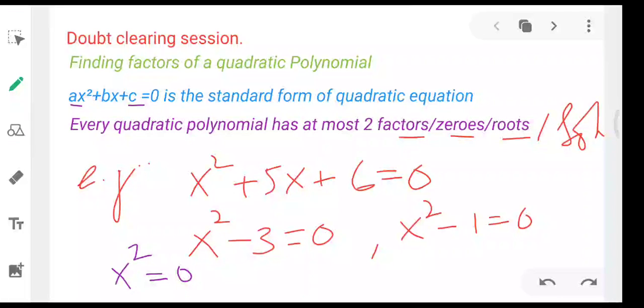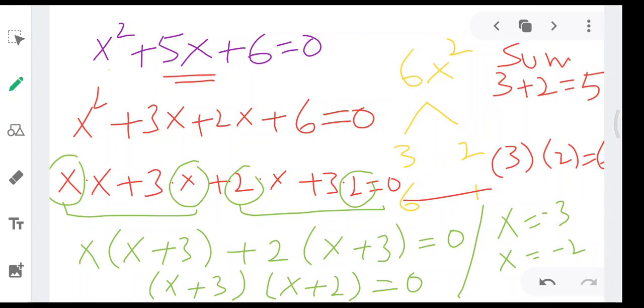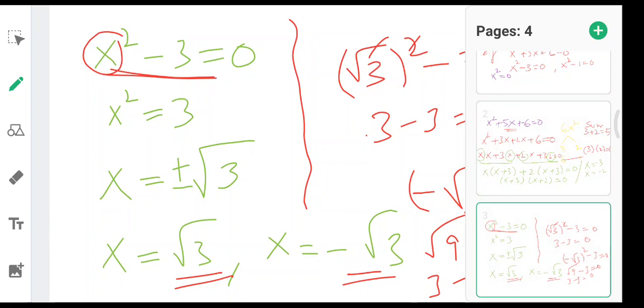So we have seen how to factorize a quadratic polynomial and the different examples of quadratic polynomials, and we have seen how to find the factors of a quadratic polynomial.